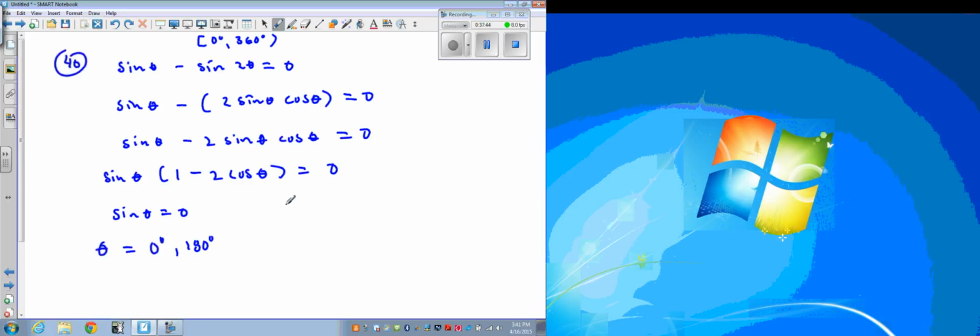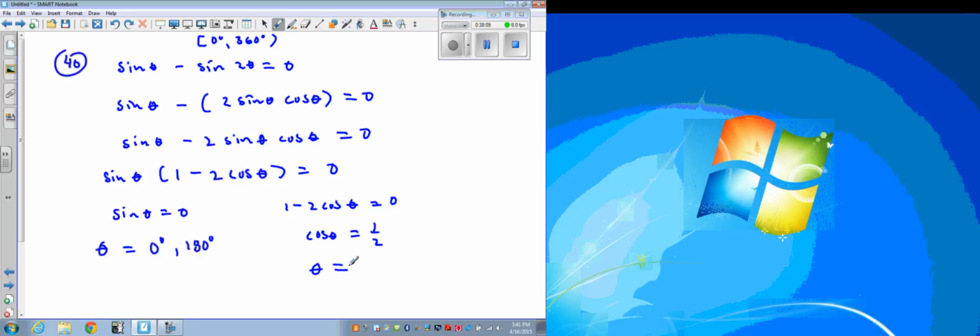Now this one, its cosine is 1/2. I move this over there, divide by 2, and then switch sides. Where's that?